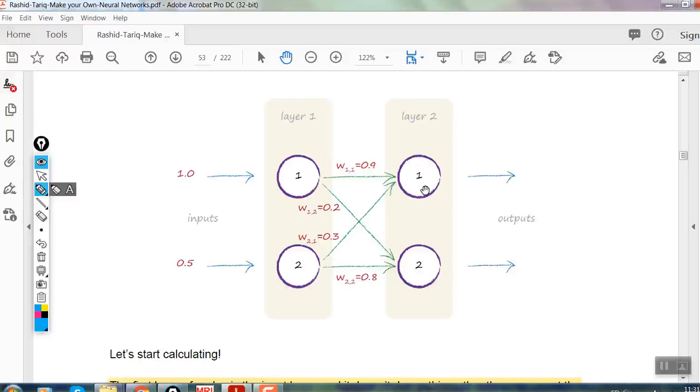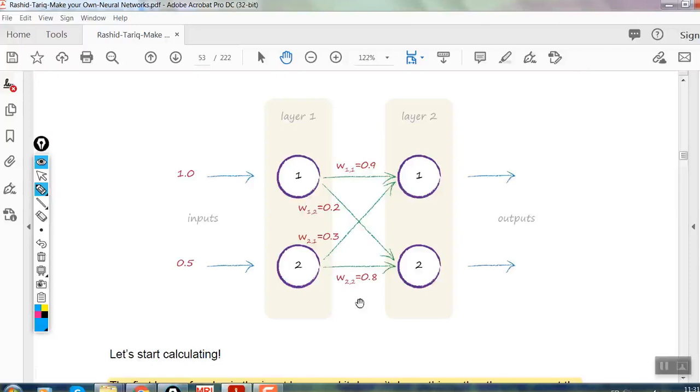They sum to each other, and then imagine the activation function of this node is sigmoid. Then we put it in the mathematical equation of sigmoid, and finally we have the first output.